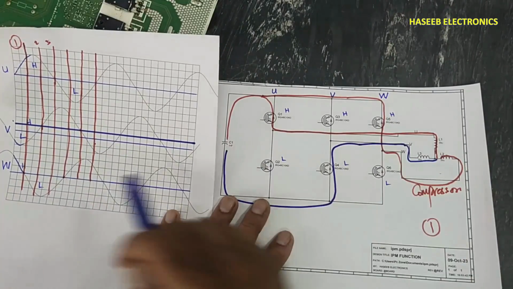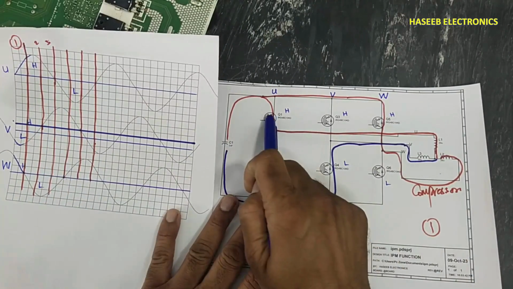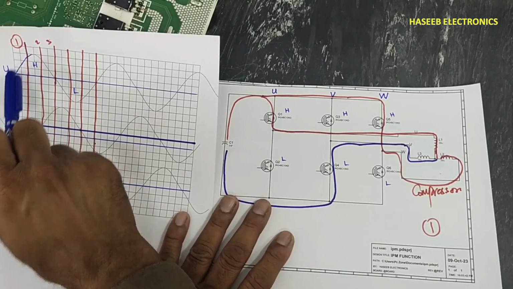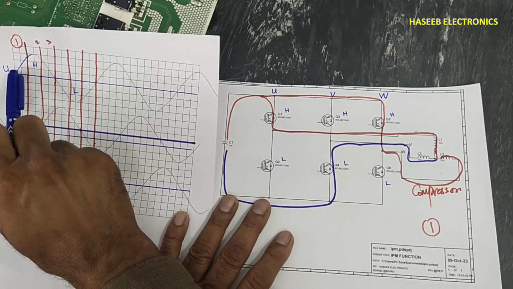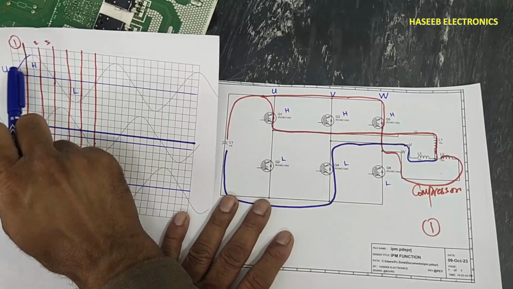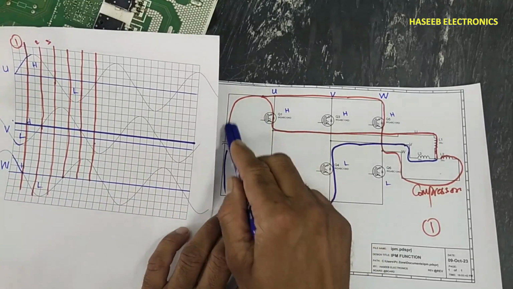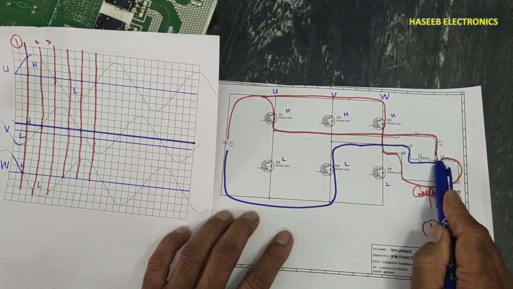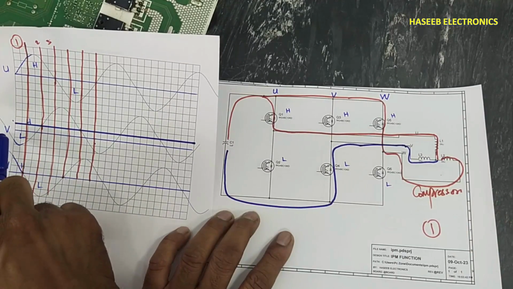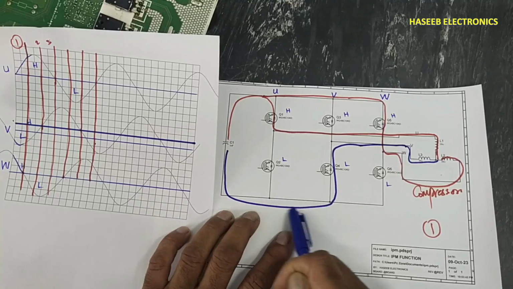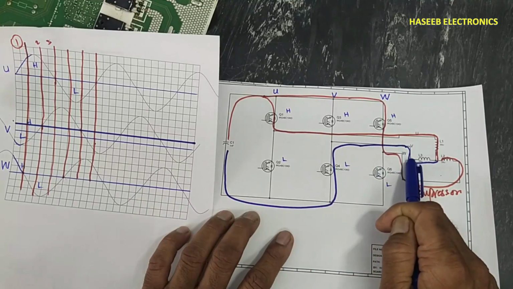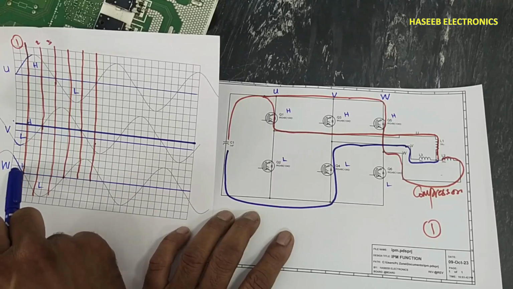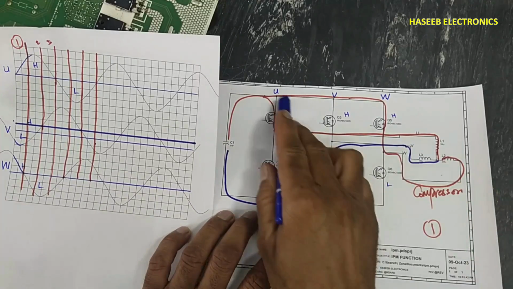Now if we compare the timing diagram with the IGBT switching, in the first condition, U high is on, the U high side IGBT is on. Positive voltage will switch at this point. V low side IGBT is on here. W high side IGBT is on.